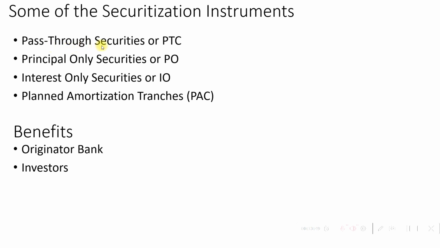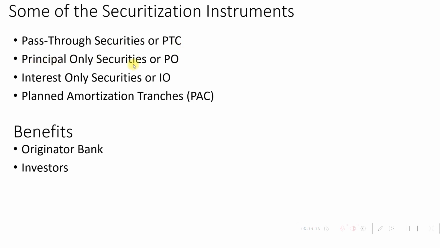This pass-through security is also called participation certificate in the underlying pool of originators' assets, and it represents direct ownership of the investors. Periodically, payment of the principal and interest made by the obligers are collected by the servicer and passed on to investors. So in this type of security, there is no modification of cash flow. So that is pass-through security or PTC.